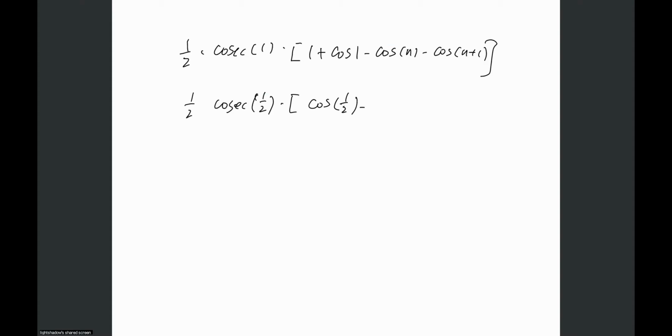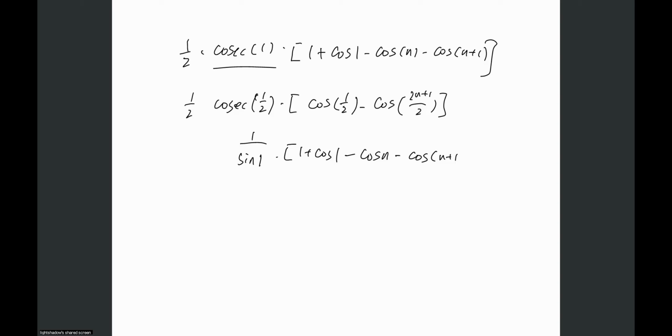Let me check whether it's true. So this is 1 over sine 1 times 1 plus cosine 1 minus cosine n minus cosine n plus 1.